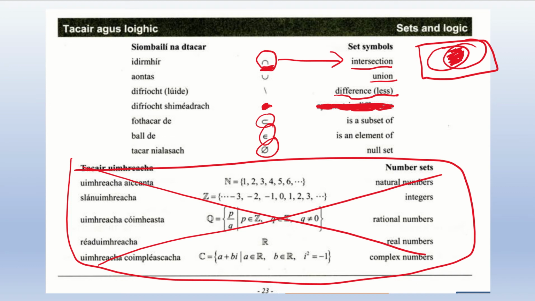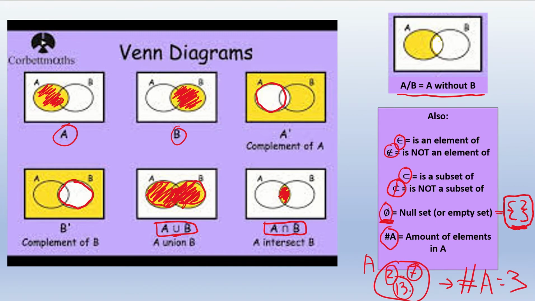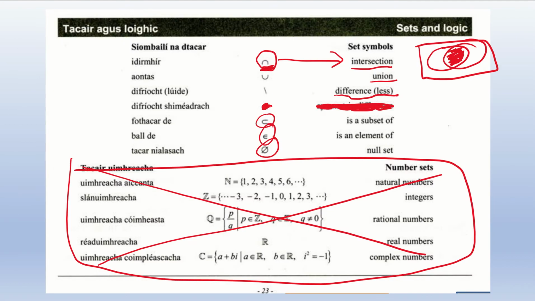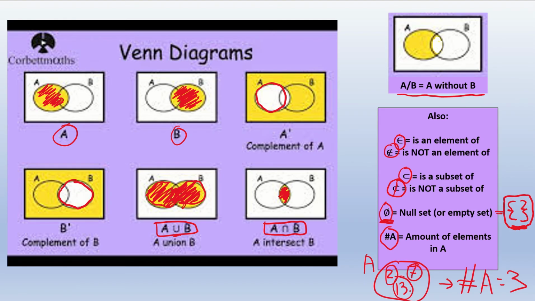Basically, the log tables are giving you the bare minimum. You do need to know how your symbols line up with your diagrams and what they actually mean. It's no good going into your exam on the day and banking on page 23 of your log tables to get you out of trouble, because that's not going to happen. You do need to know and remember what's going on here.